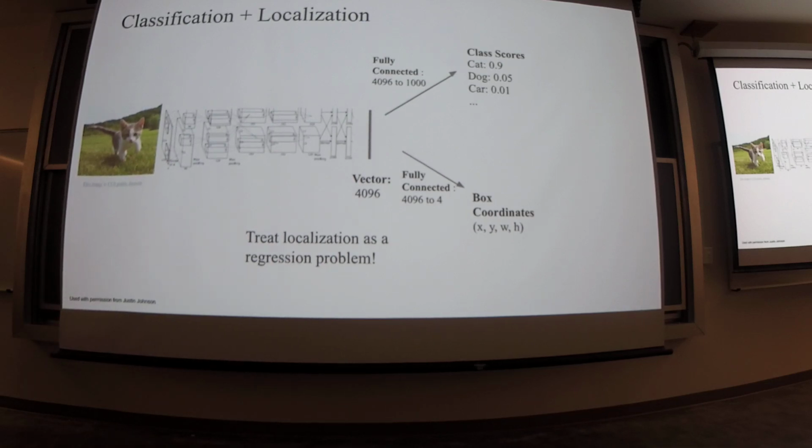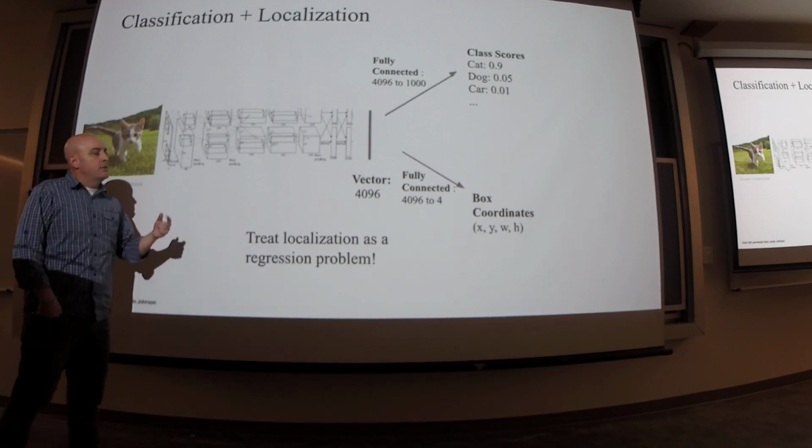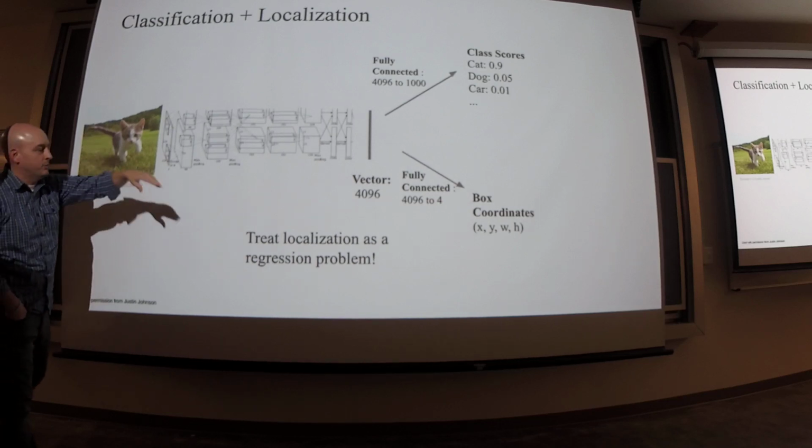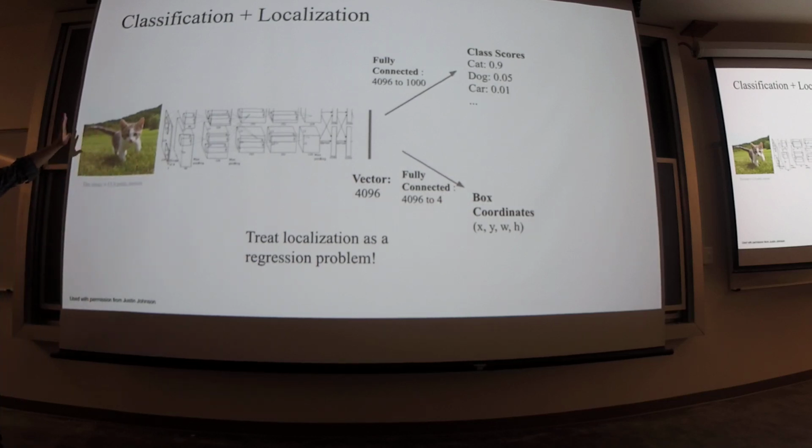Instead of just trying to classify what's in the image, you're now doing regression, where you're trying to predict some continuous variables. They're obviously not totally continuous because these are images, and so that's quantized. But anyway, you're trying to find some coordinates for the corner and how wide and how tall. So you're doing both of those together. That's going to be the core idea as we go through the variety of models here.